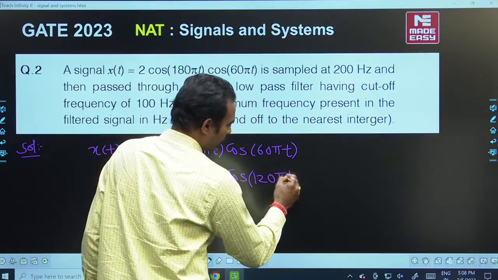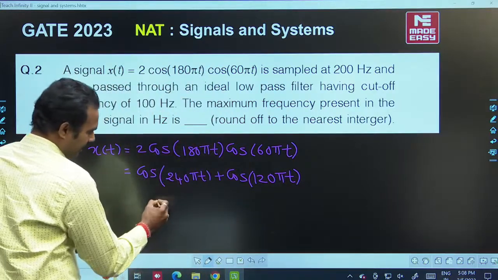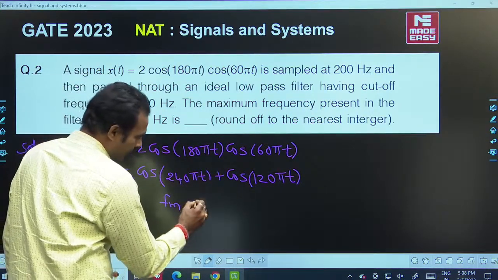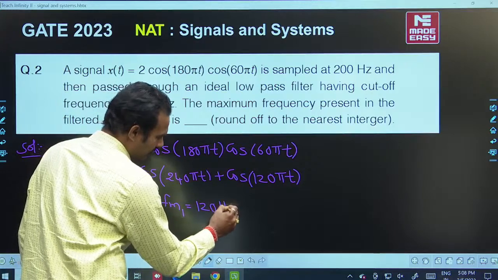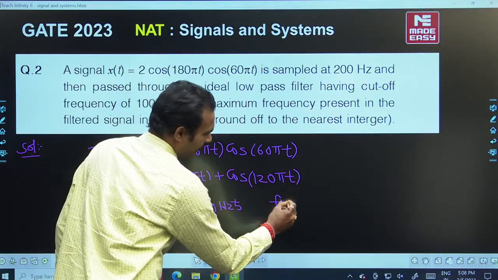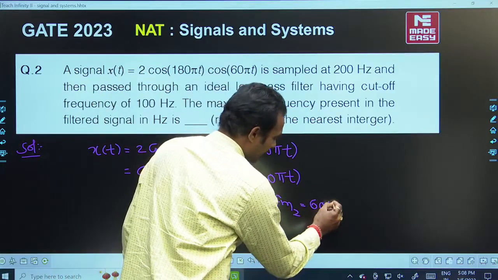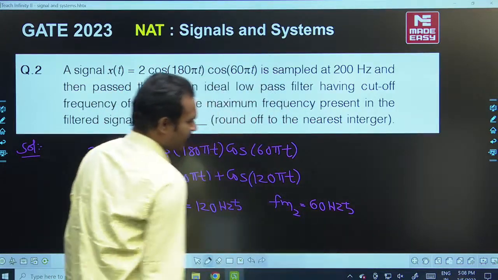So this is nothing but we can write in terms of FM1, and FM1 is equal to 120 hertz we are having, and this is FM2, another frequency, which is equal to 60 hertz.